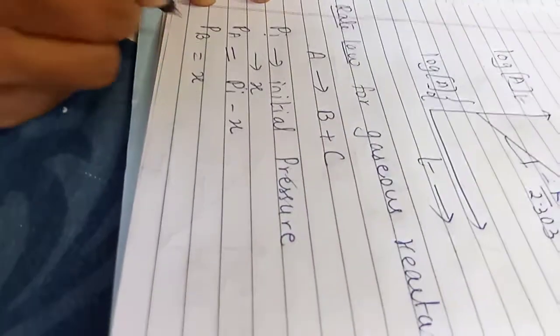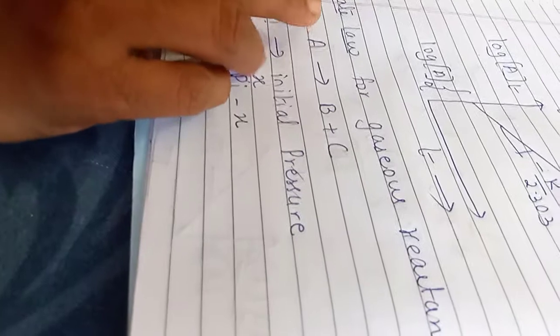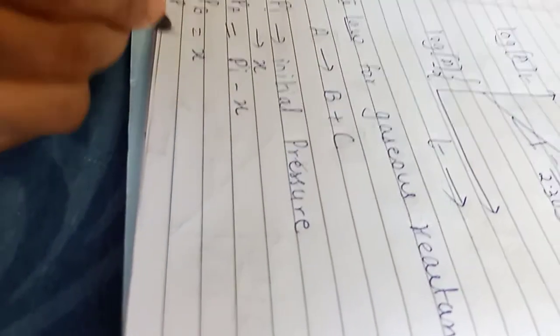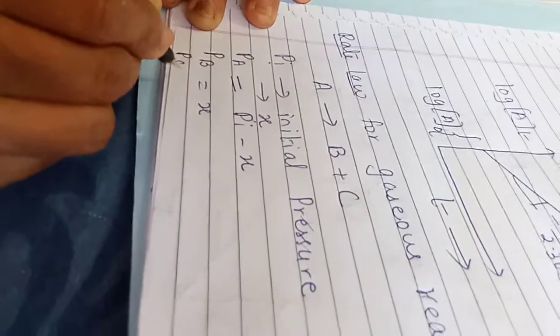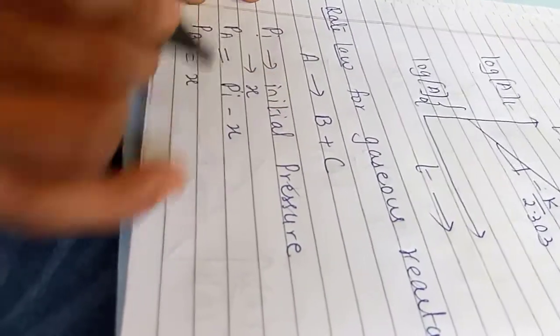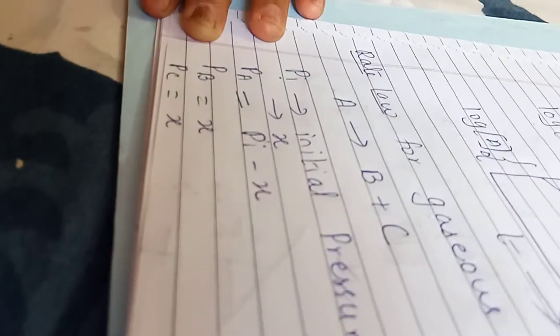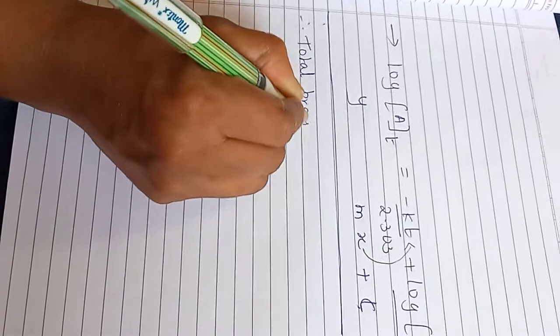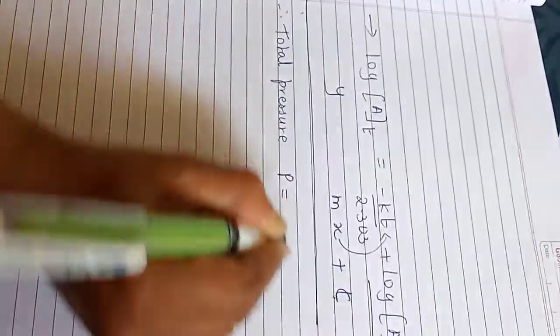What about P_B? It is x, because with time concentration of A decreases, simultaneously B and C increase. P_A is equal to P_i minus x, initial pressure minus x. P_C is also equal to x. कळतंय? मग बघा हा, therefore the total pressure, what is P equal to?